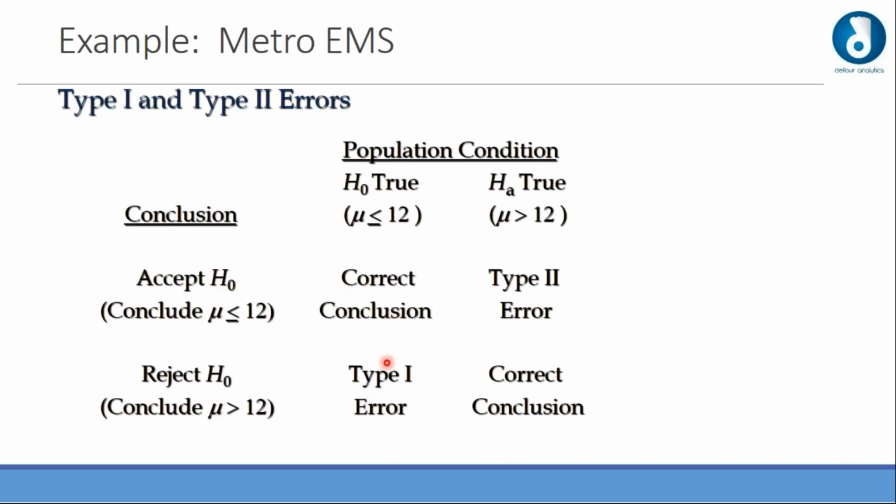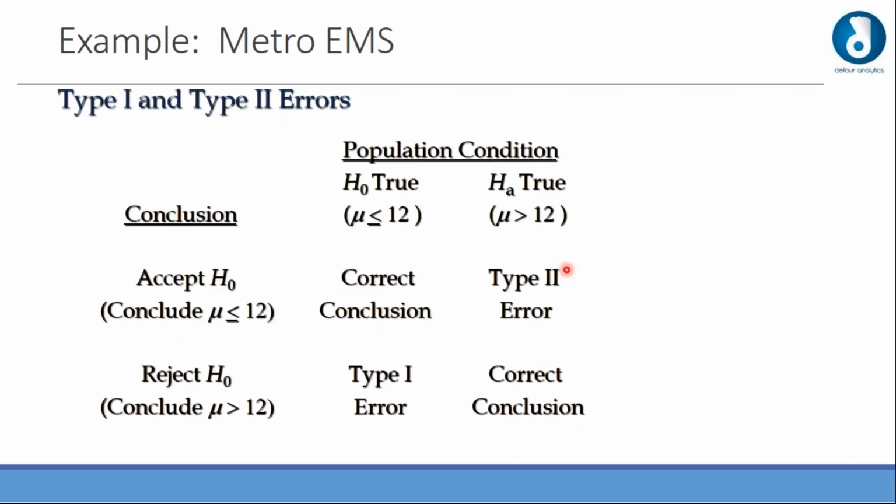But if we reject the null hypothesis when it is actually correct, meaning in actuality the whole population is taking more than 12 minutes and we are accepting it, then we are making a type 1 error. Similarly, if the mean time is greater than 12 minutes and based on our hypothesis we say the mean time is greater than 12 minutes, then we are correct, we are not making any mistake.